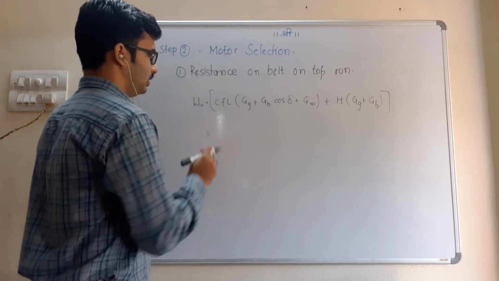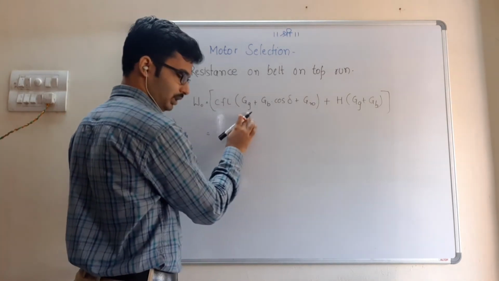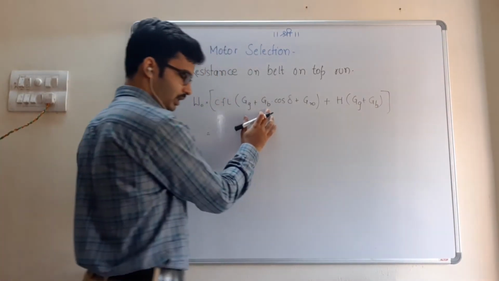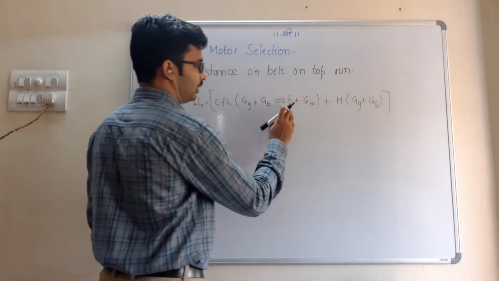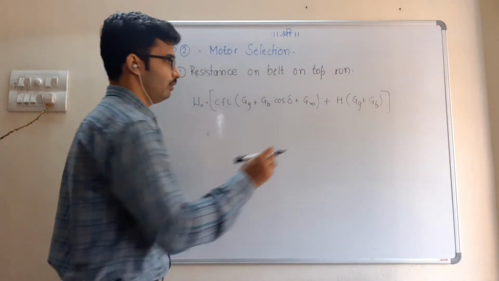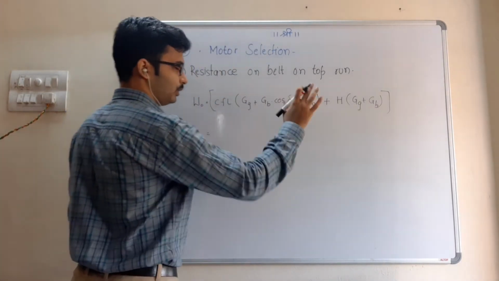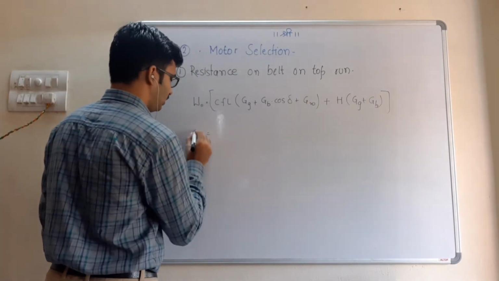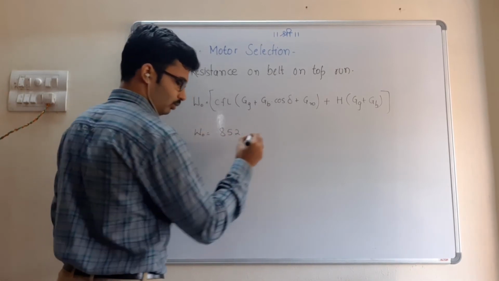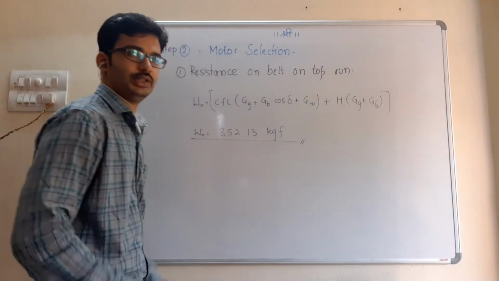Substituting all these values, C is 2.4, F is 0.02, L is 50, GG we have calculated as 41.1, GB we have taken from the PSG data book, that is 12, cos delta is cos 15, GRO we have calculated as 26.2 divided by 1.5, H is 12.94. When we substitute all these values, you will get WO as 852.13 kgf. So this is the resistance on the top run.